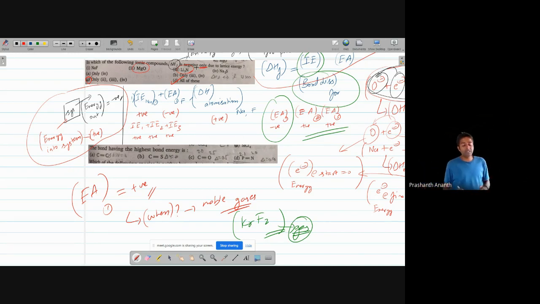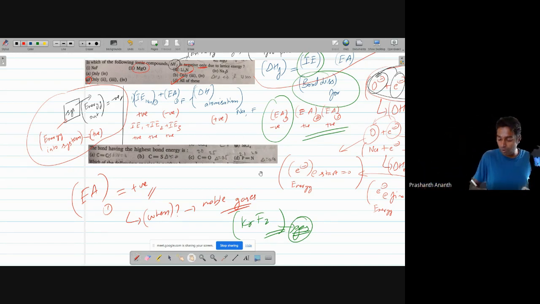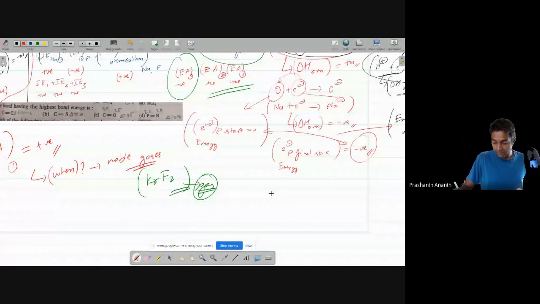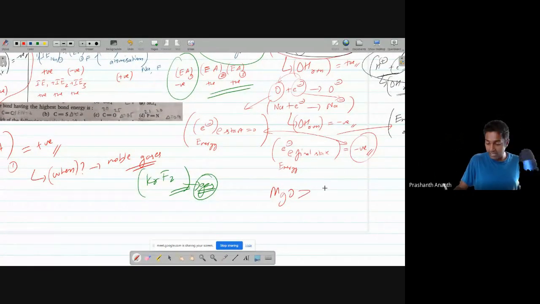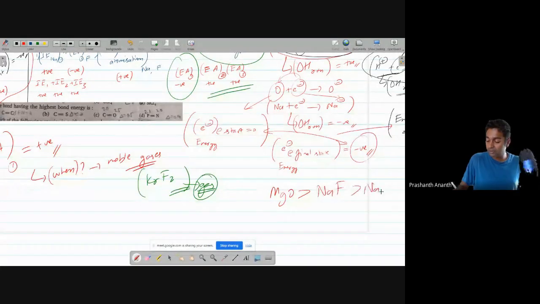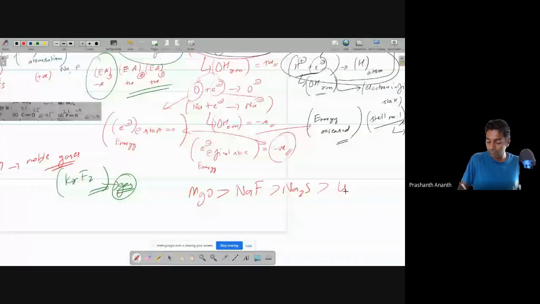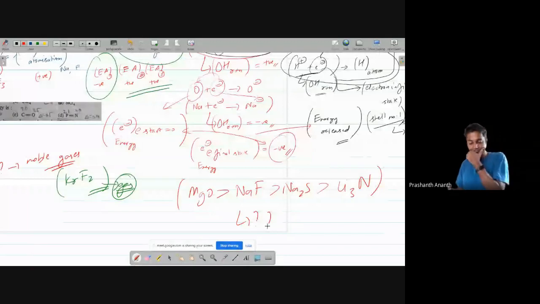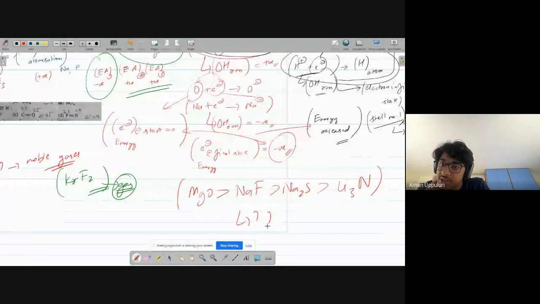But if the order was, let us say, MgO greater than NaF, greater than Na2S, greater than Li3N. If this was the order, what would be your gleaning point then? So here, if it's highly covalent, that means the charge will be less.